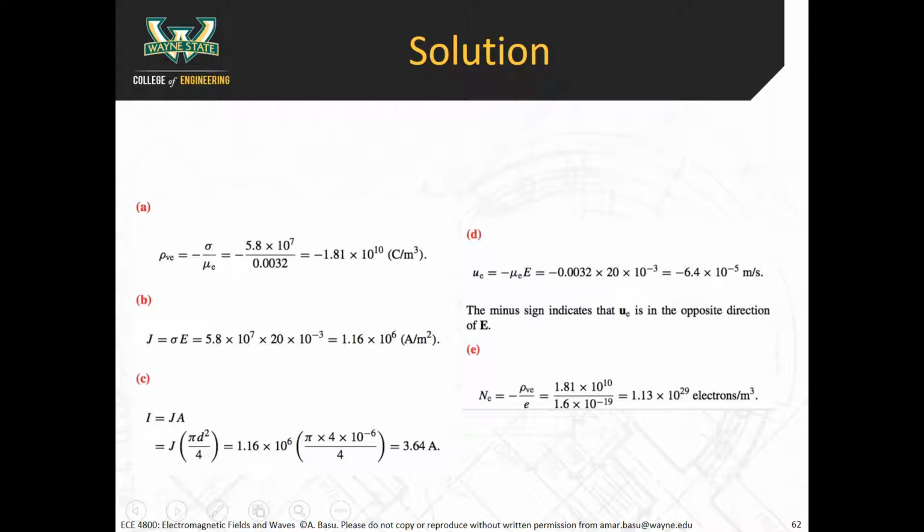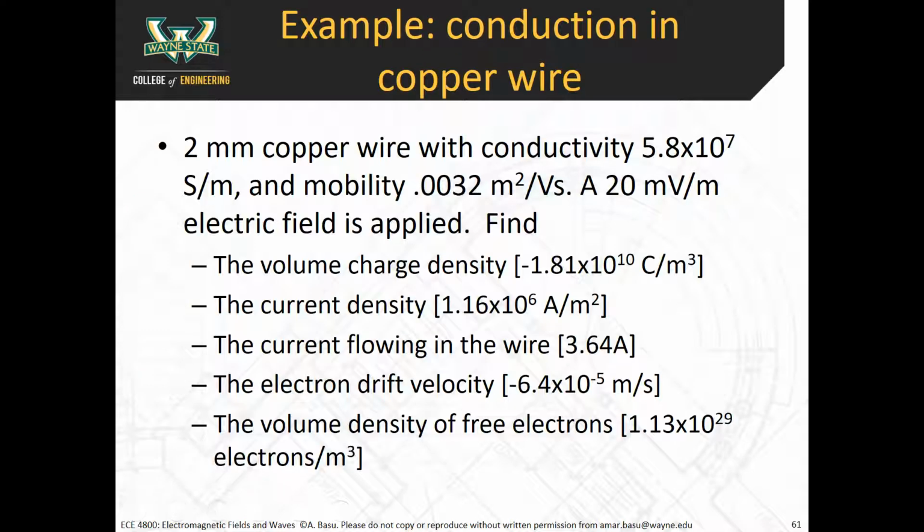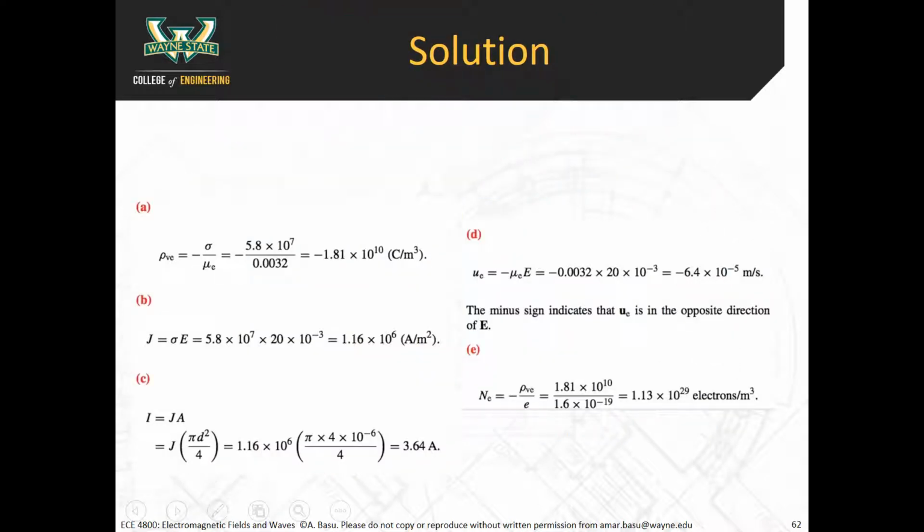So in order to find the volume density, N times Q is equal to the charge density. Q, as you recall, is 1.6 times 10 to the negative 19.